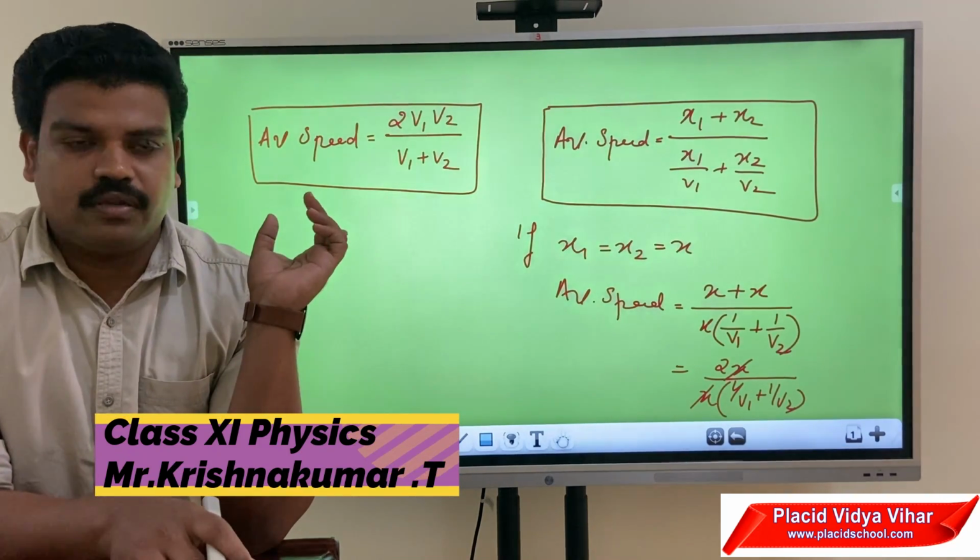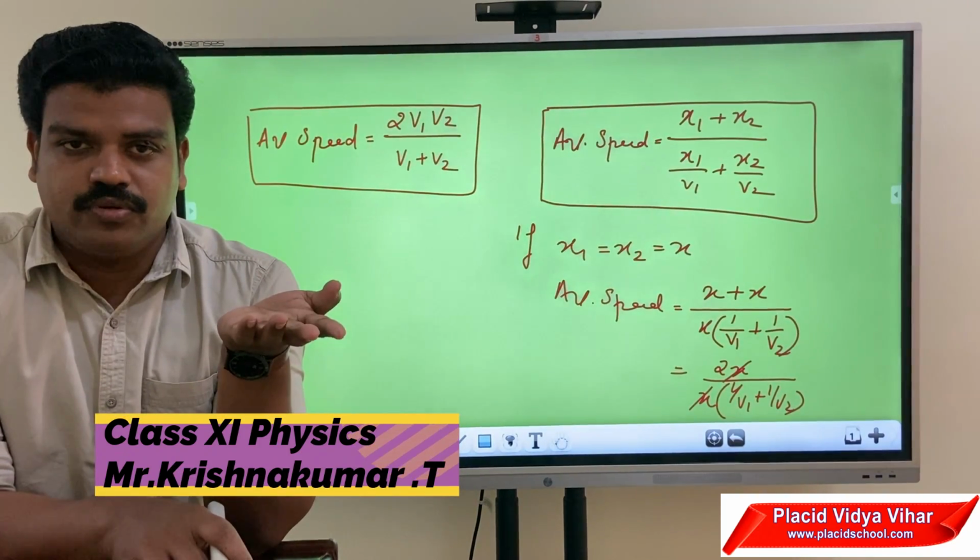This type of mean is the harmonic mean of v1 and v2.